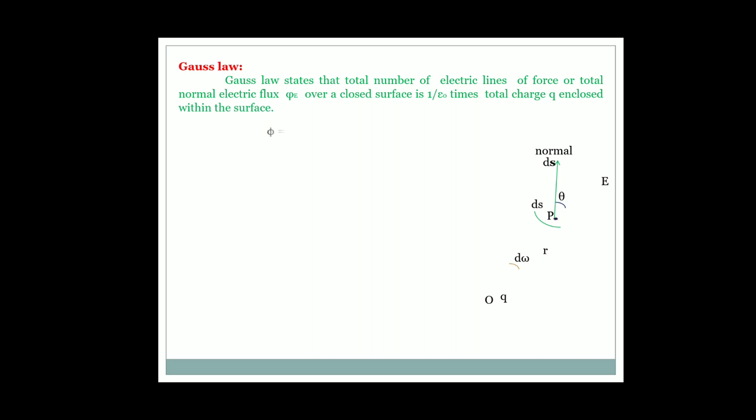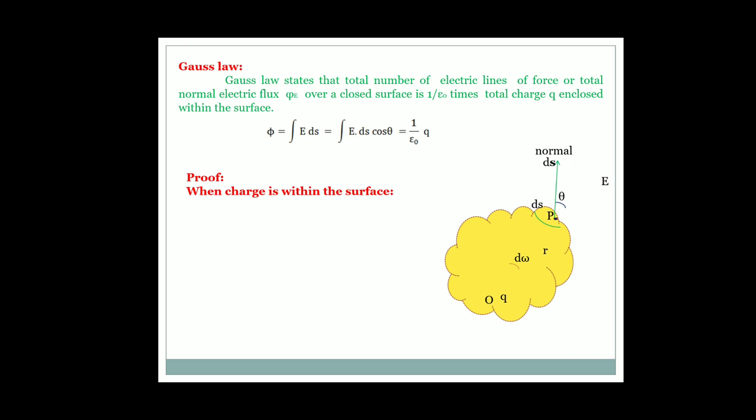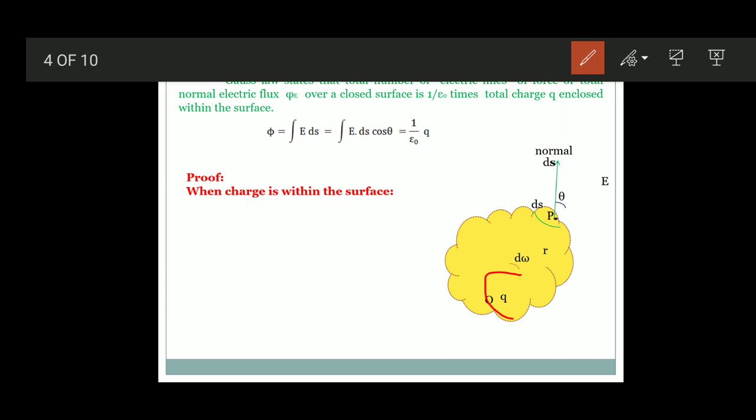For example, let us see the diagram. This is the closed surface. Maybe the shape is spherical, ellipsoidal or cylindrical, whatever the shape is, in which a charge Q is placed at the center inside the object.